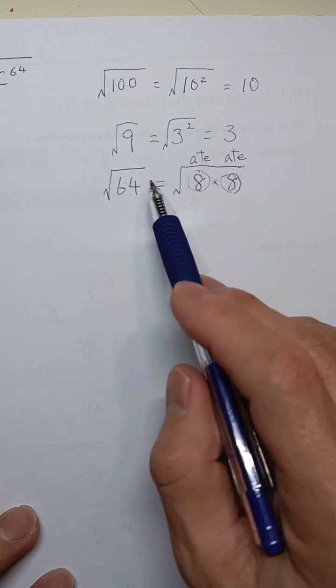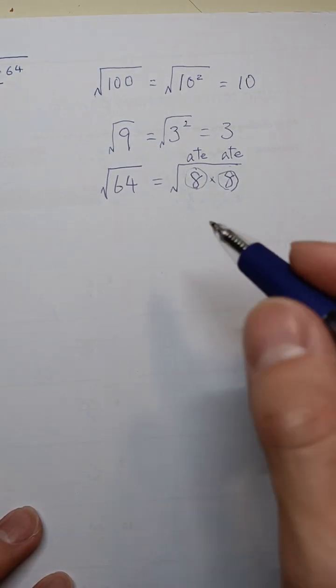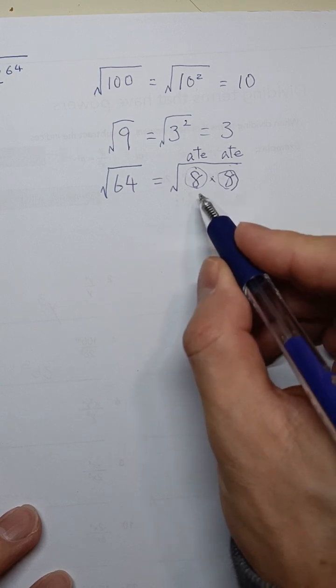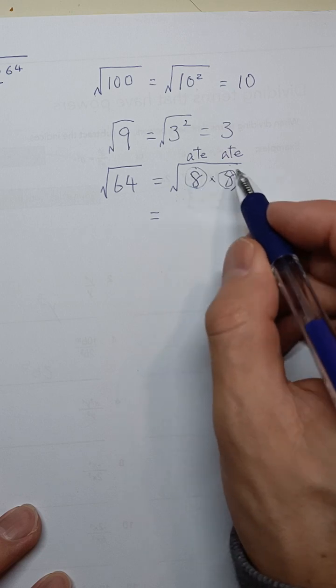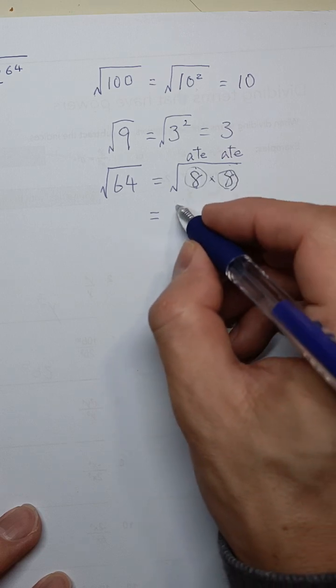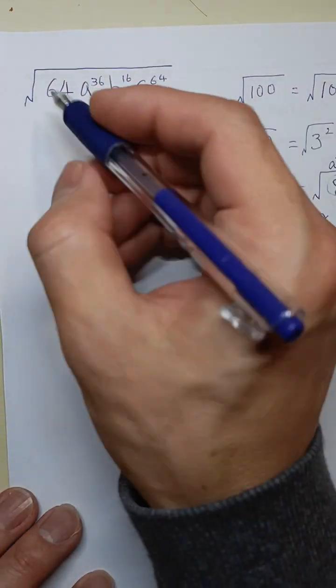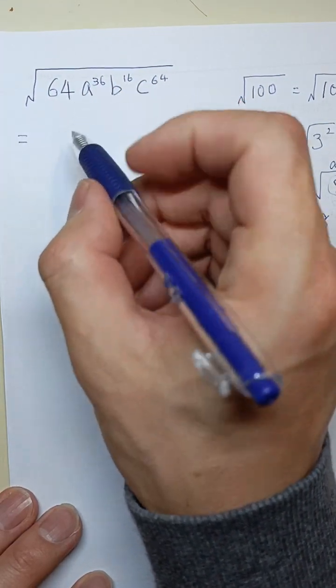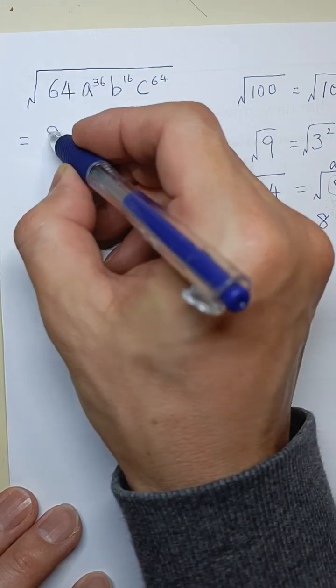So 8, too much eating, 64. So you never forget now, right? So 8 times 8 is here. If I unsquare here, it's going to be 8. So now you can understand that if you unsquare this one, it's going to be 8, isn't it?